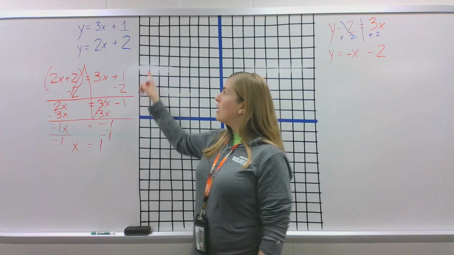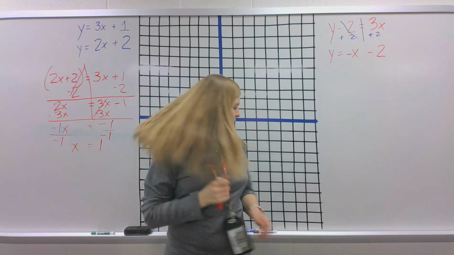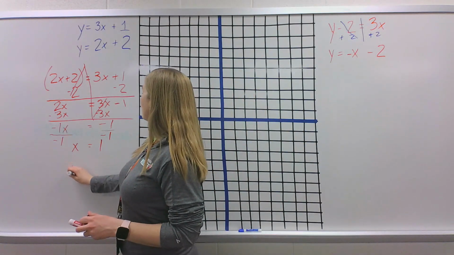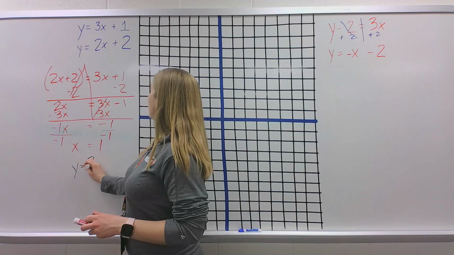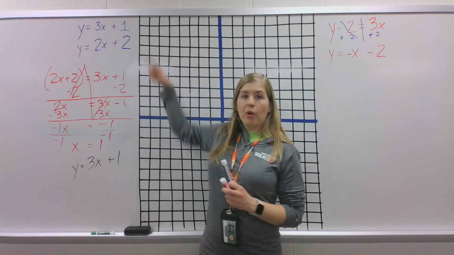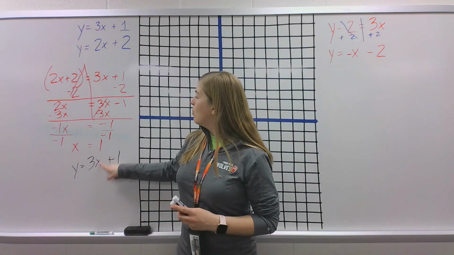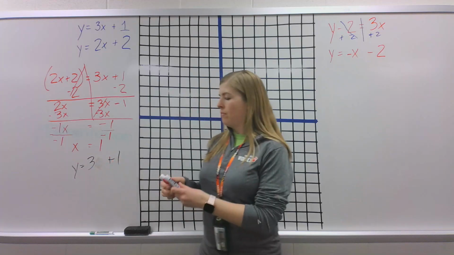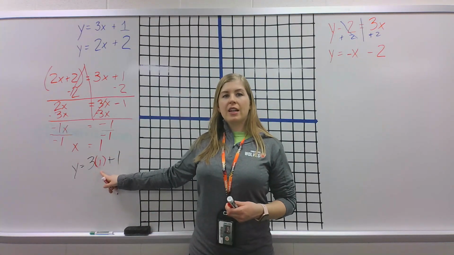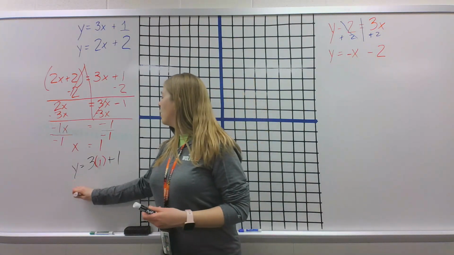So I'm going to plug my 1 in for x in one of these equations. So let's see here. I just rewrote that original equation, and I'm going to plug in 1 for x. 3 times 1 is 3, plus 1 is 4.